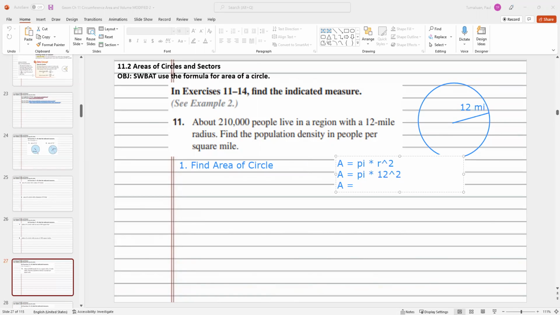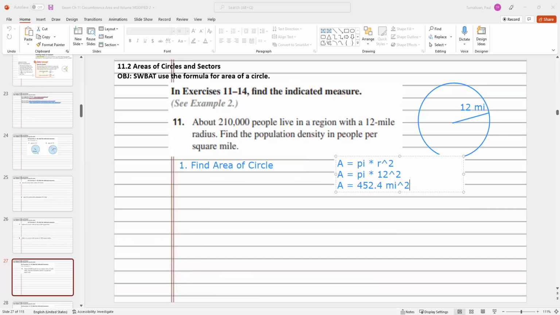You can probably tell how tired I am. All right, so pi times 12 squared. 452.4. Now I'm using the approximate answer. So I rounded it, which is going to give me a final answer that's a little bit off.